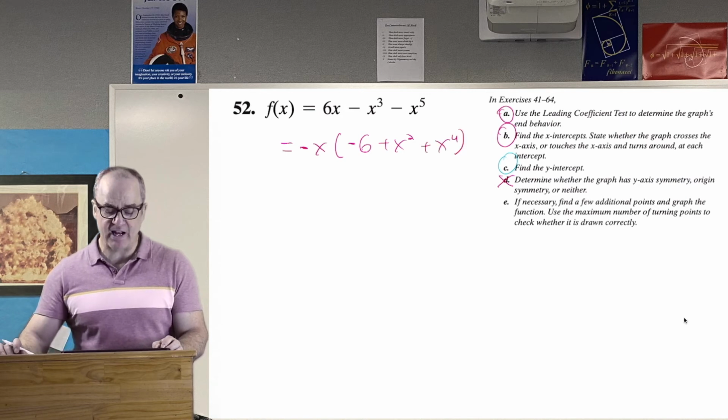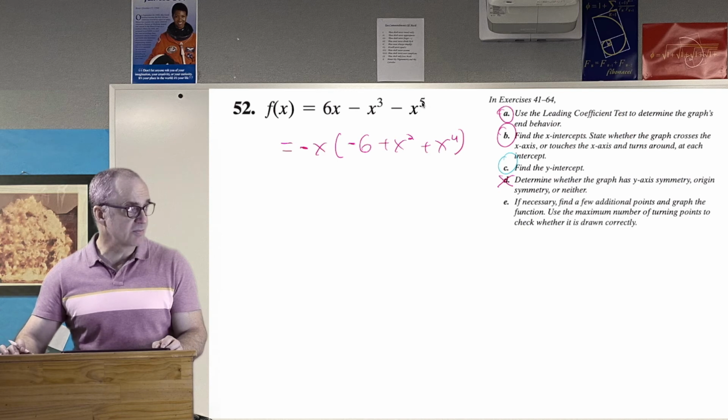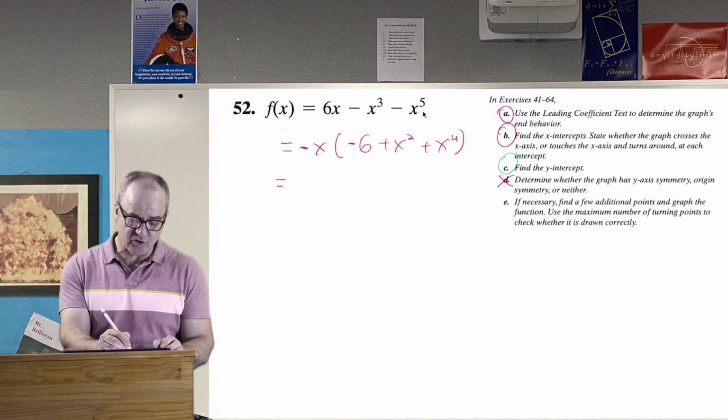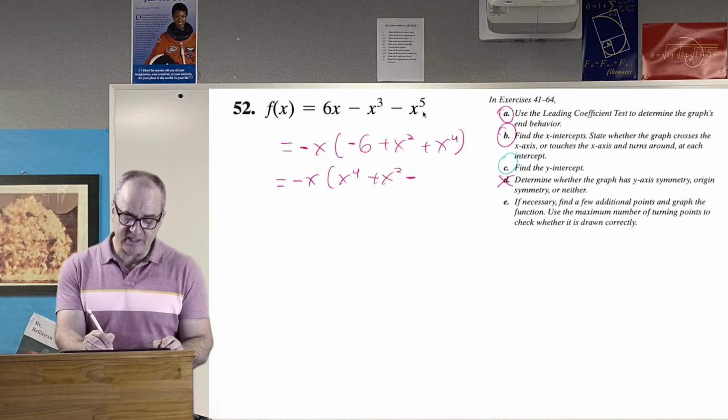See, I want my highest degree term to have a positive leading coefficient. So I'm going to definitely factor out a negative here. And there's an x in each term. So this becomes -x times x to the 4th plus x squared minus 6.